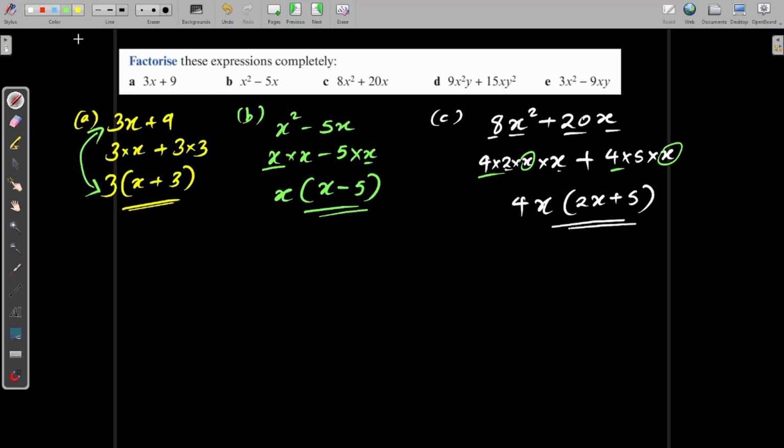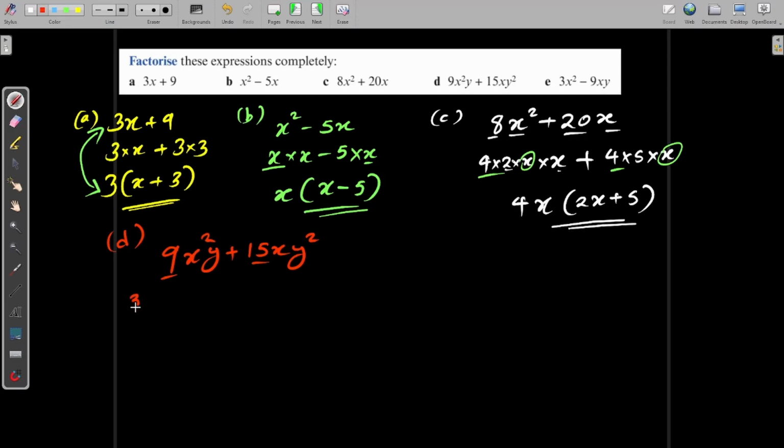Okay, part D. Nine x to the power 2 y plus 15xy to the power 2. Again, I can see there are a lot of common terms. 9 and 15 both can be written as products of 3.